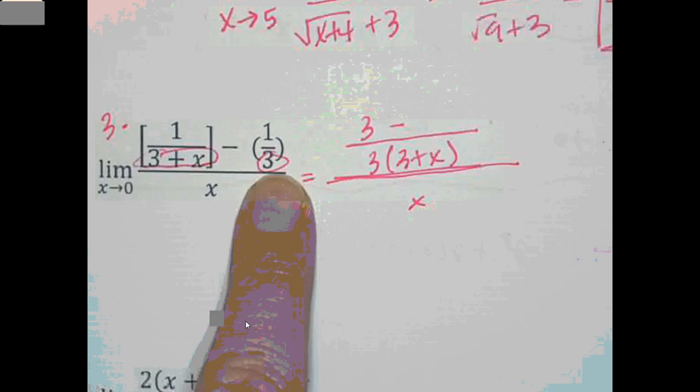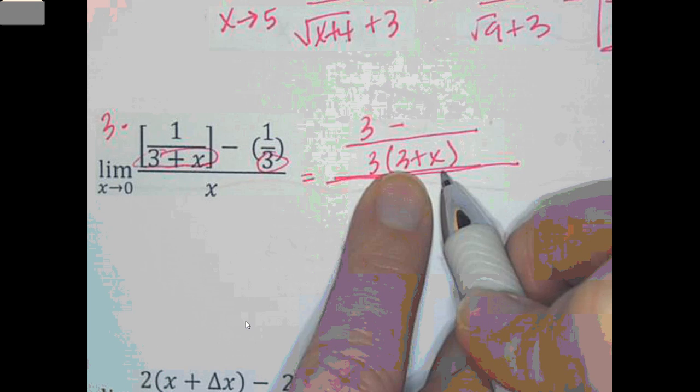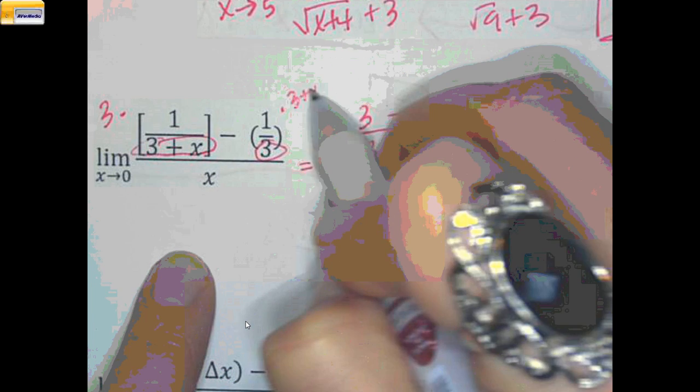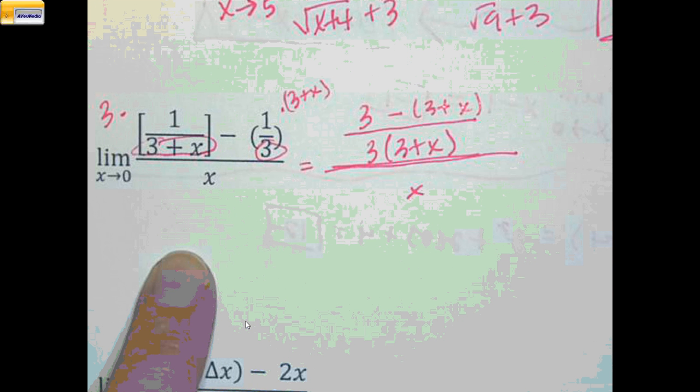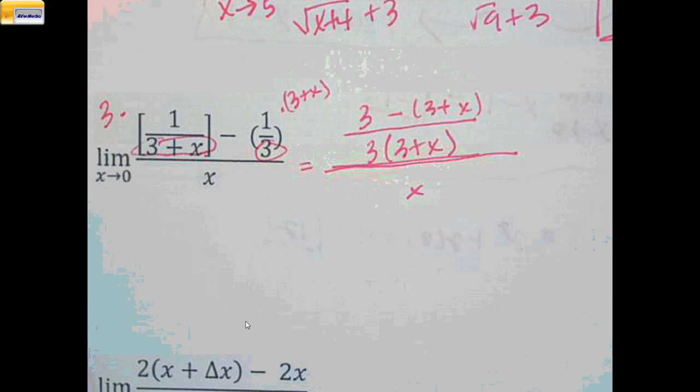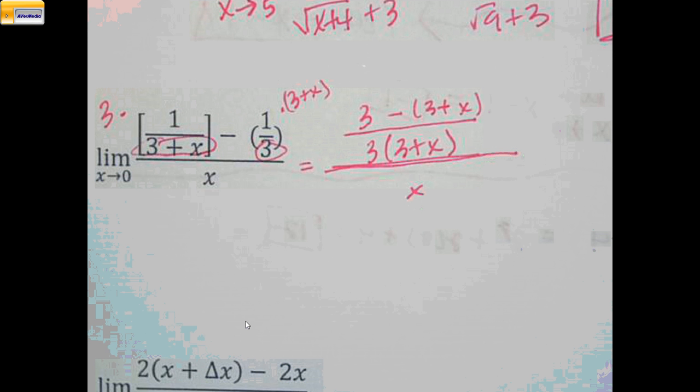So I need to multiply the top by 3 plus x, the quantity. Why did I rewrite it in parentheses? Did I have to? Why? The negative. It's the quantity, exactly. And that is the easiest mistake to make, that you won't carry that negative through. So be careful.